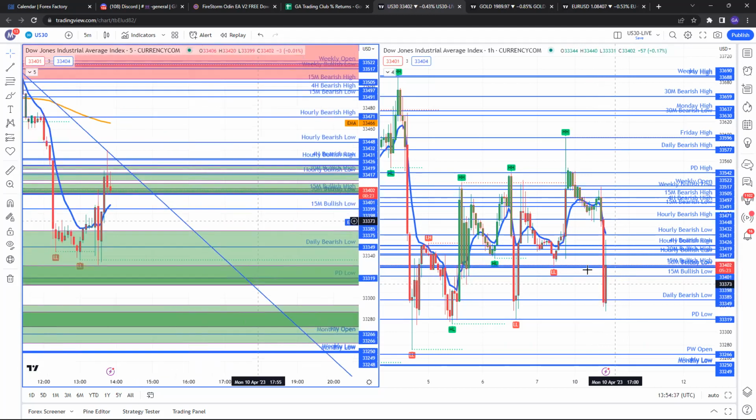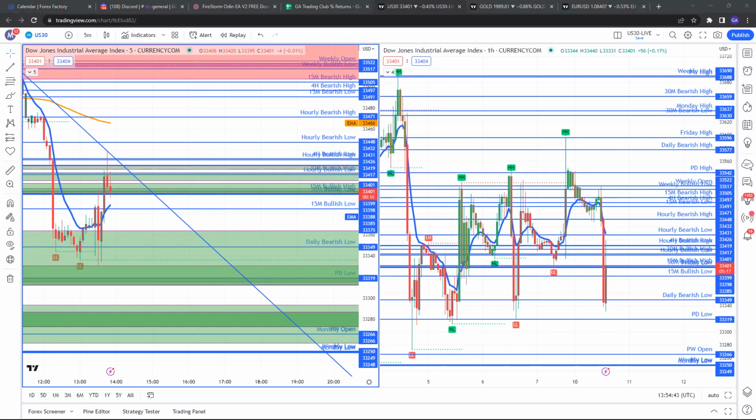So US 30 right now, I am bullish on US 30. Ideally, because even on the 5-minute, price is above the 9 EMA, we are in demand zones.